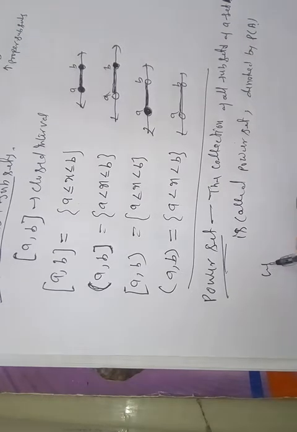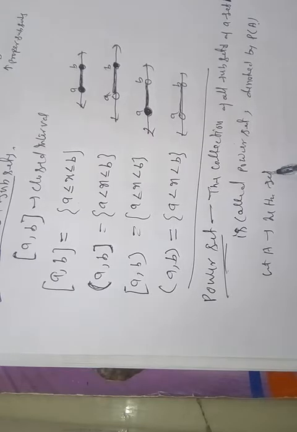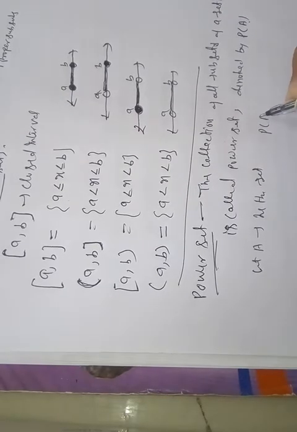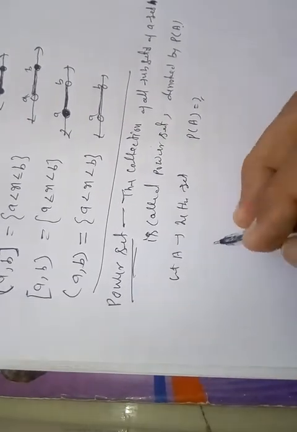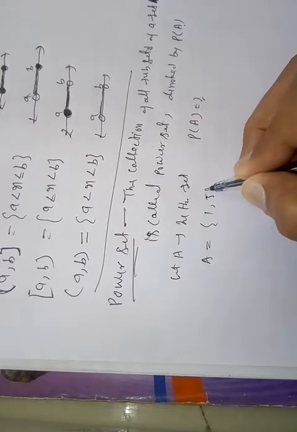Let A be the set. So the power set is denoted by this type. Clear? Suppose for example A is the set {1, 5}.